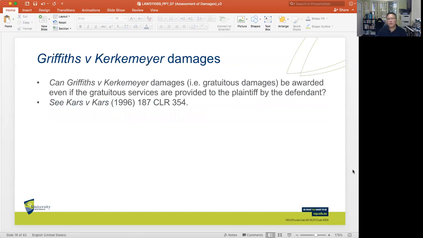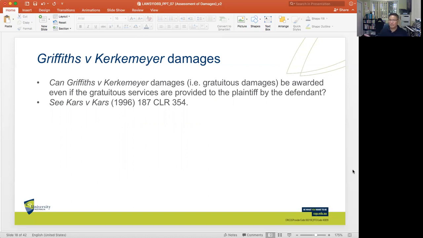The other question that we ask is, what happens in a situation where it might be the defendant himself or herself who is actually liable for the damages to the plaintiff? So imagine a scenario where you have a husband who was driving the vehicle, and out of negligence, the husband has an accident which then leads to injury suffered by the wife, who is the plaintiff.